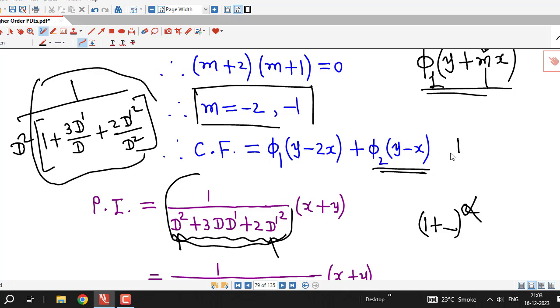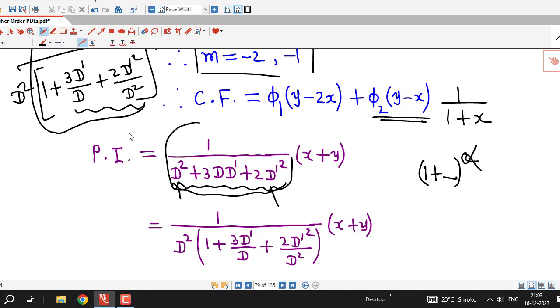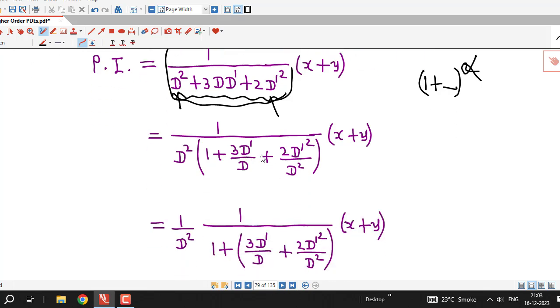So we can operate the binomial series 1 over 1 plus x with x equal to this quantity. So I have written here 1 over D square, 1 plus 3D dash over D plus 2D dash square over D square. I have rewritten this quantity as 1 plus something, and then I apply this series.